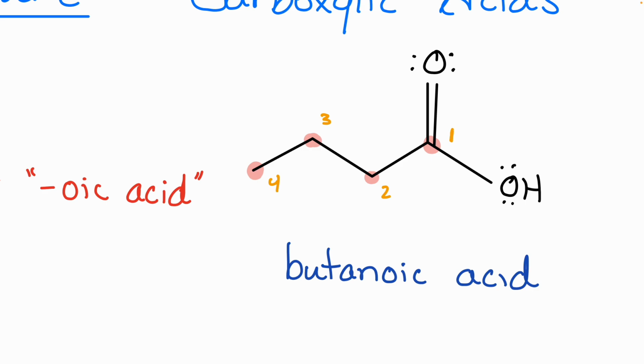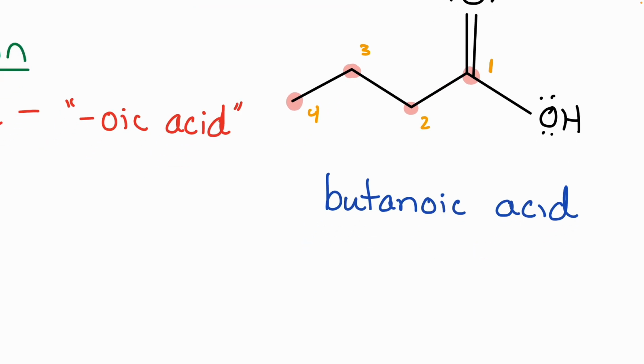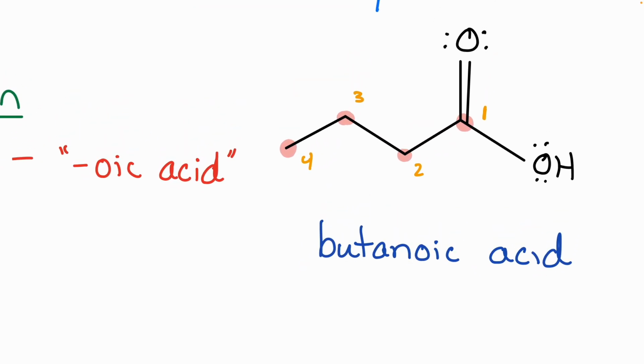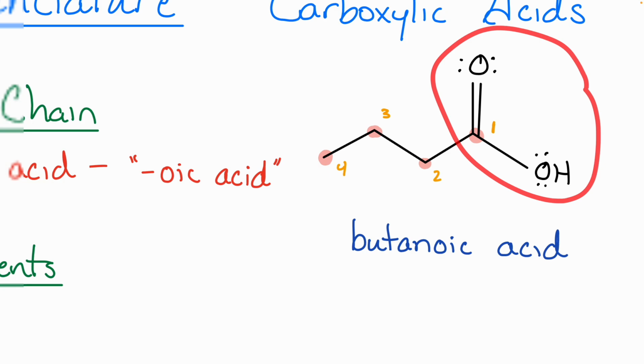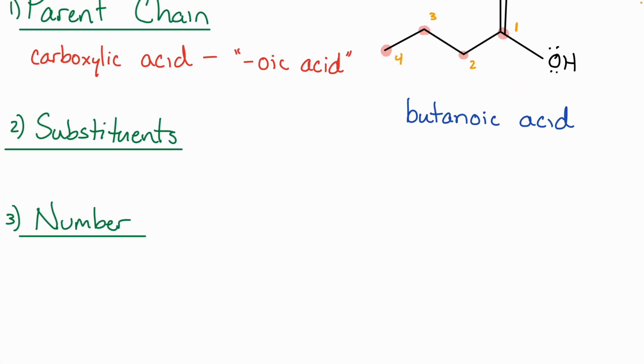So the only way you can have a carboxylic acid is if it's located at the end of a molecule on a terminal carbon. So it's always going to be on carbon 1. Do we bother building it into the name if it's always on carbon 1? No. So same logic that we saw with aldehydes. By the definition of what it means to be a carboxylic acid group, it has to go on a terminal carbon. So we just want to make note, we're going to have no locant in the name.